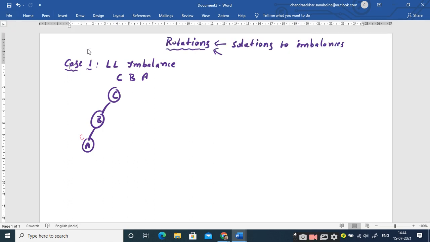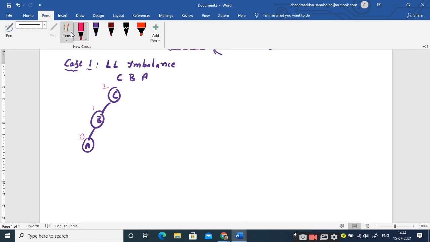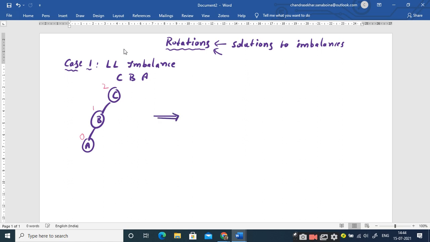What is the balance factor of B? 1, sir. And what is the balance factor of C? It is 2, sir. Now, since the imbalance has happened at the node C, you have to give a solution with respect to C.